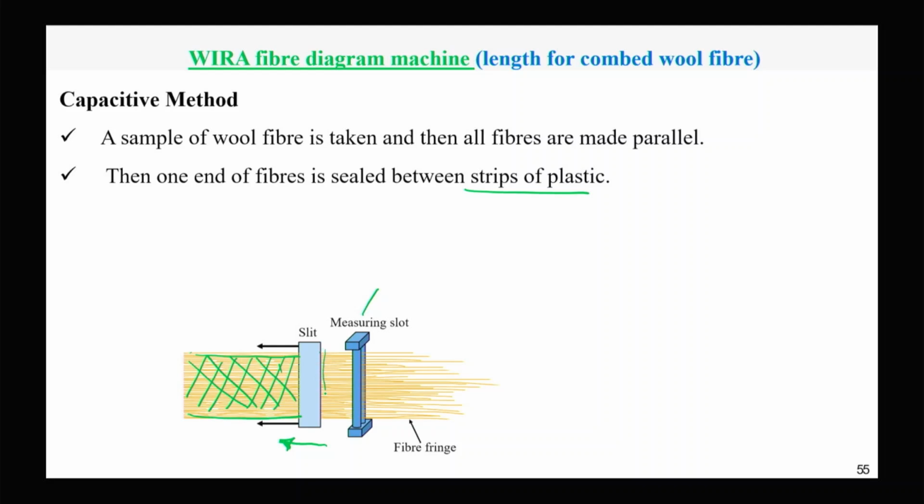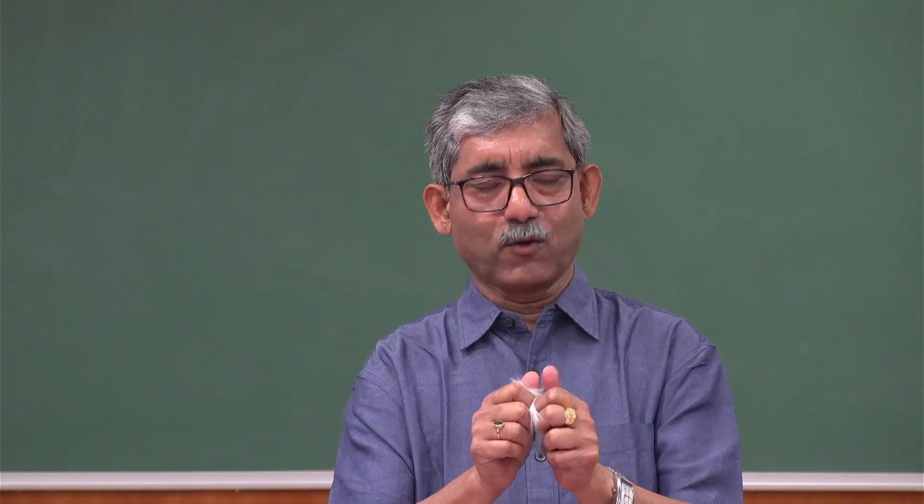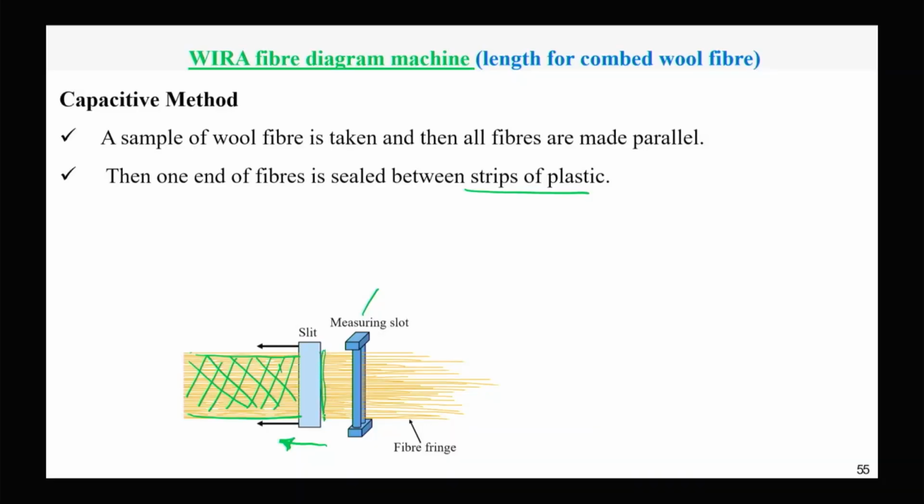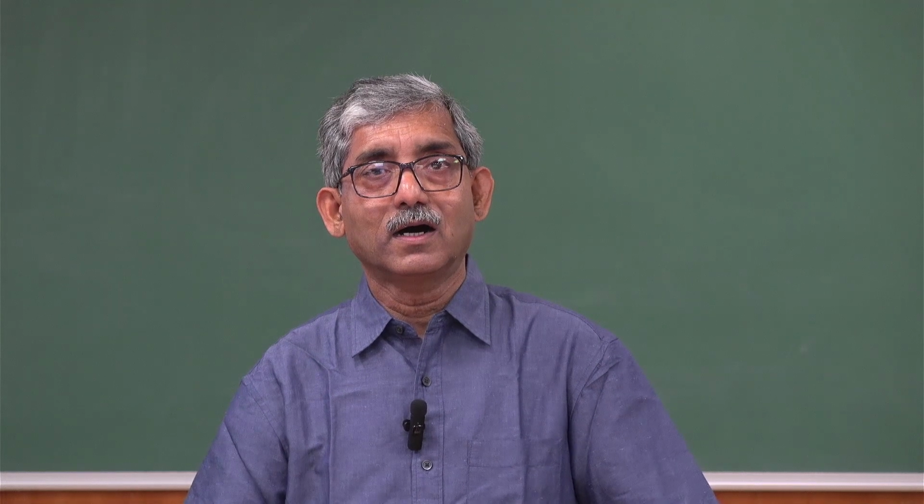Fiber starts from the end point. So here one thing is that the fibers are gripped at the end point. So fibers are gripped here, and then it is passing through the measuring slot, and we plot a curve.